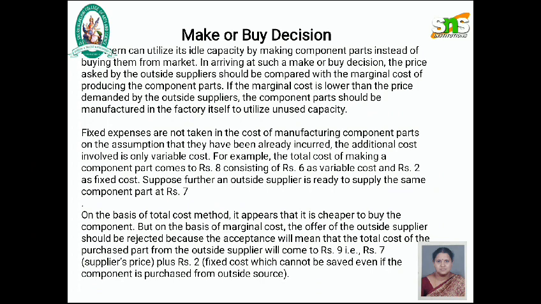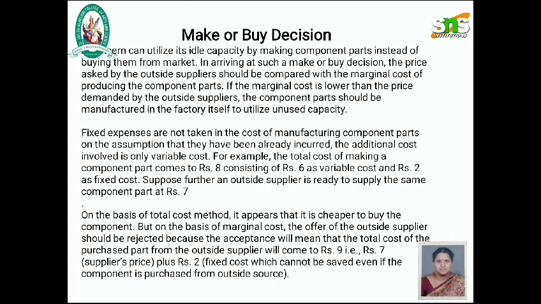Fixed expenses are not taken into the cost of manufacturing component parts on the assumption that they have already been incurred. The additional cost involved is only variable cost. For example, the total cost of making a component part comes to ₹8, consisting of ₹6 as variable cost and ₹2 as fixed cost. Suppose an outside supplier is ready to supply the same component at ₹7.